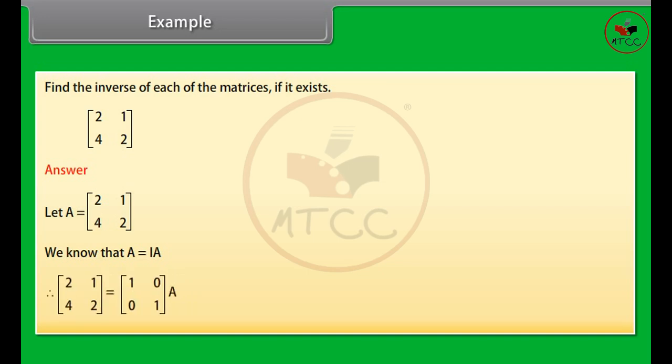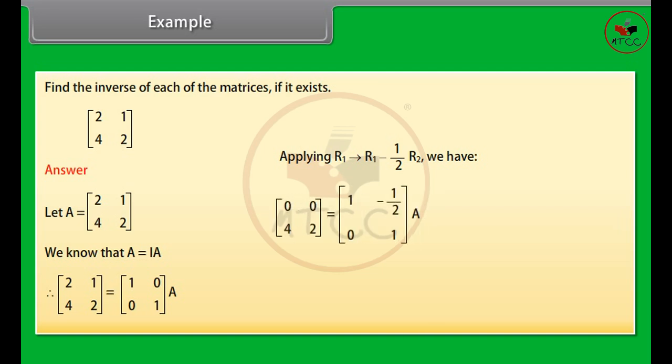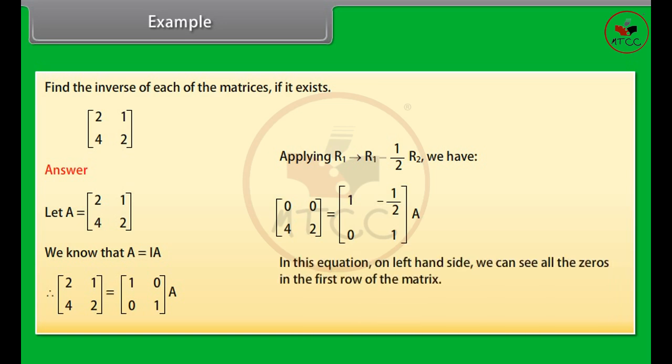Therefore, the matrix with rows 2, 1 and 4, 2 is equal to the matrix with rows 1, 0 and 0, 1 into A. Applying R1 changes to R1 minus 1/2 of R2, we have the matrix with first row 0, 0, second row 4, 2 is equal to the matrix with first row 1, minus 1/2, second row 0, 1 into A. In this equation, on the left hand side, we can see all zeros in the first row of the matrix. Therefore, A inverse does not exist.